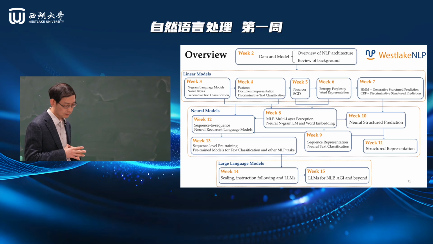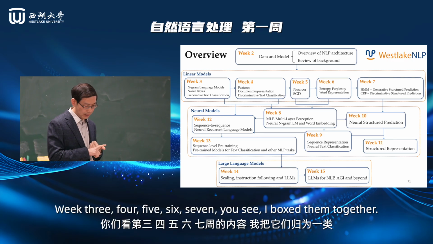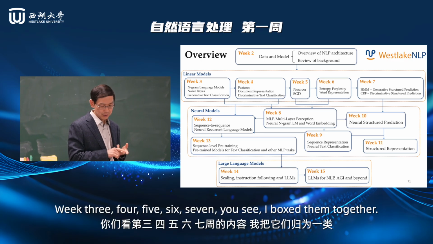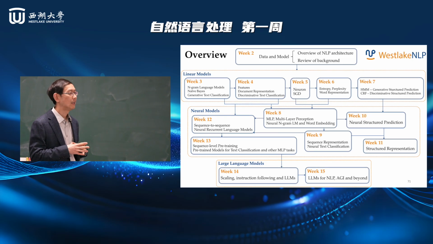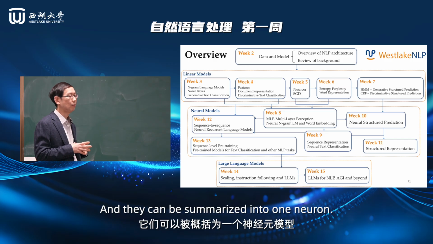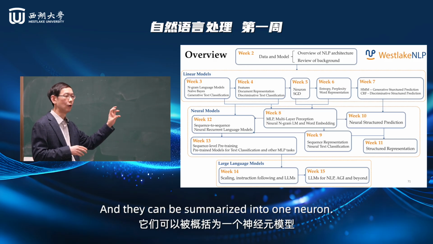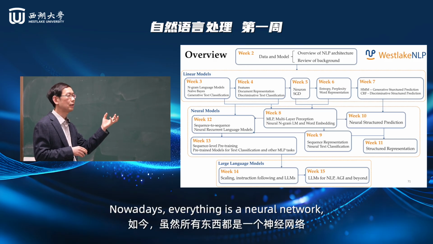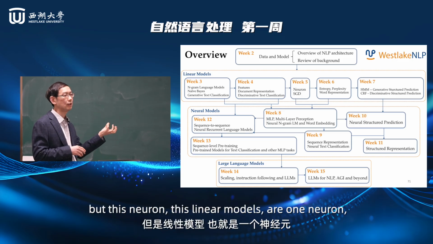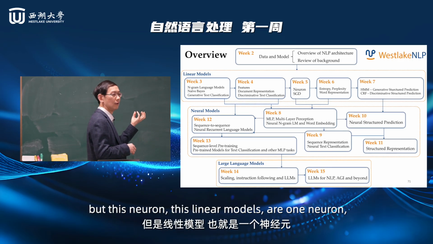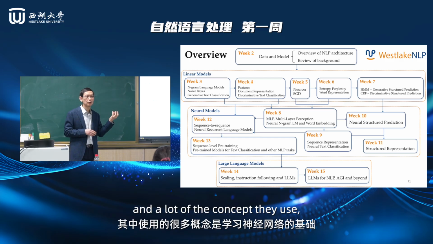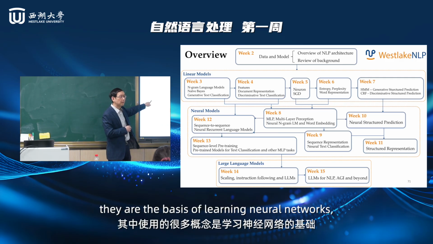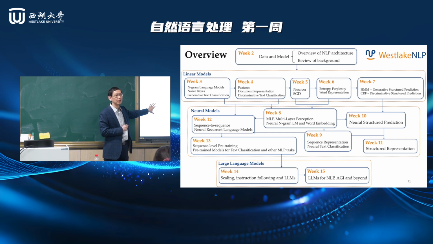Weeks 3, 4, 5, 6, 7, you see I boxed them together. They are called linear models, and I summarize them as one neuron. Nowadays, everything is a neural network, but these linear models are one neuron. A lot of the concepts they use are the basis of learning neural networks, so you still want to learn them.